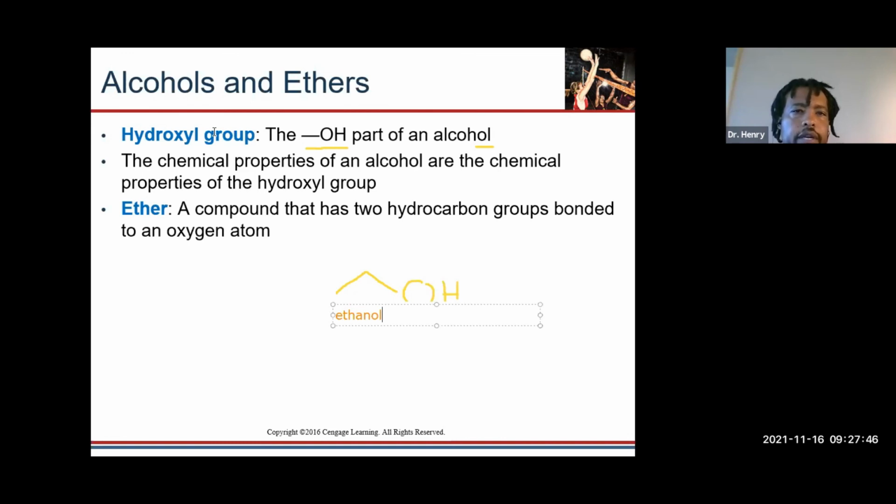So if we think about priority, I'm going to give you a list of priority. At the very bottom, we have the halides, or we call them the alkyl halides. Okay, that's at the very bottom. Then we have alkanes. And above that, we have alkynes.